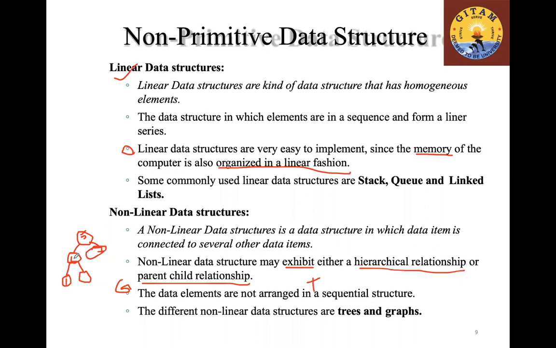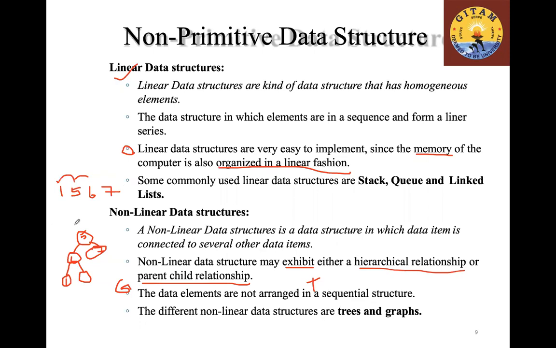Now in sequence, you arrange them like this: 1, 5, 6, 7. If you want to go to 7, you need to first go to 1, then 5, then 6, and then 7.